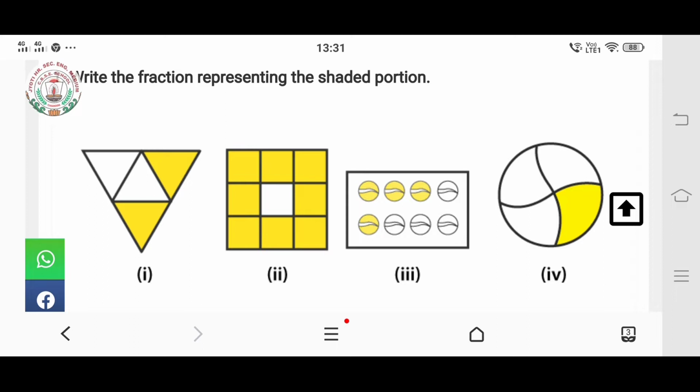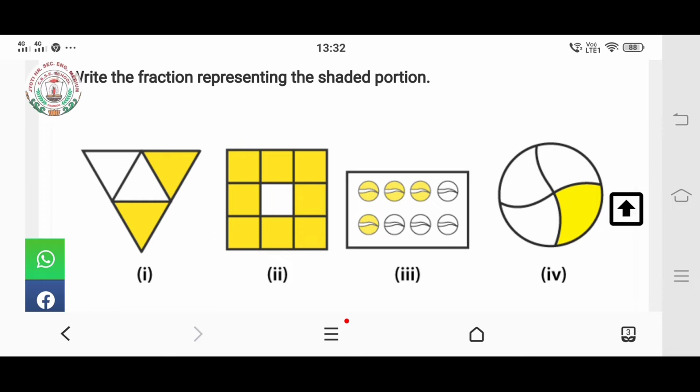The same way, the shaded part you will write for the numerator and the total number of parts you will write in the denominator. The one thing you have to keep in mind is that all these parts must have the same size and same shape.